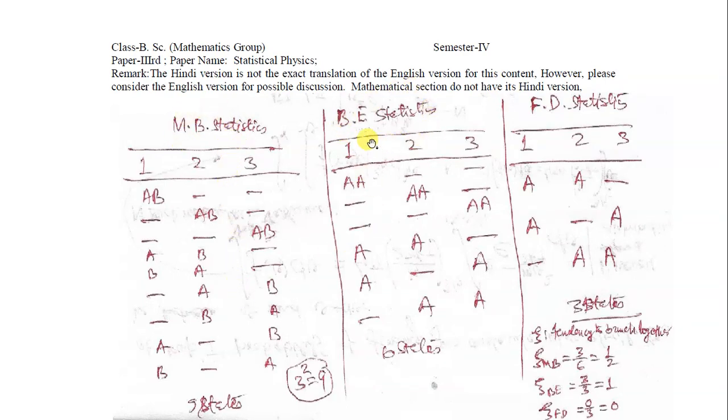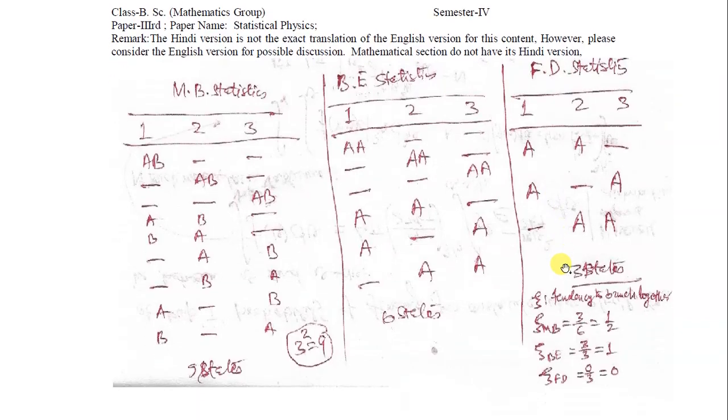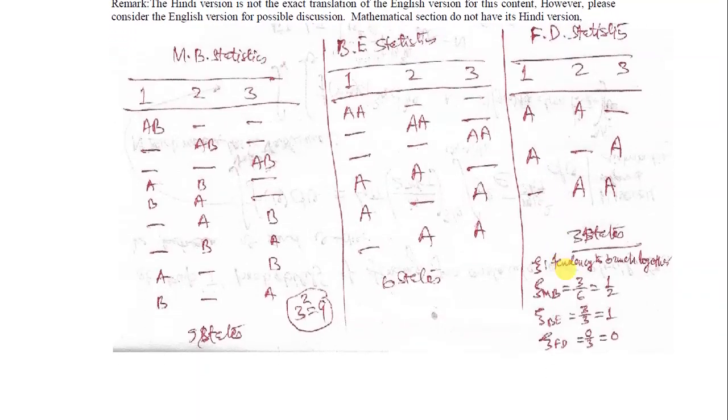Bose-Einstein and Fermi-Dirac statistics correspond to quantum mechanical statistics, where integer spin corresponds to Bose-Einstein statistics, the statistics for bosons, and half-integer spin corresponds to Fermi-Dirac statistics, for fermions. So this is the comparison between these 3 statistics.